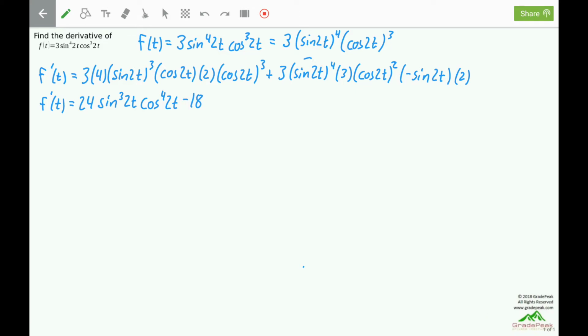I have 4, 1 more, 5 powers of sine. So sine to the fifth of 2t. And I also have 2 powers of cosine, so cosine squared 2t.